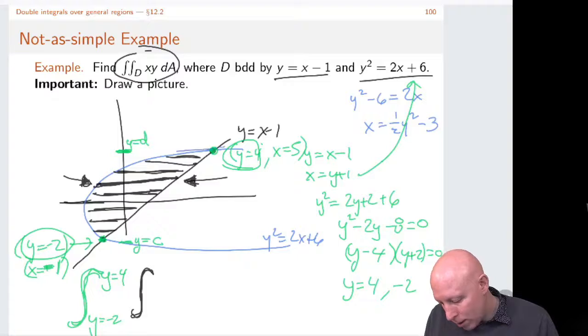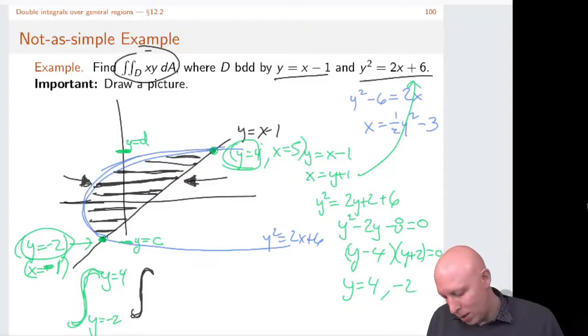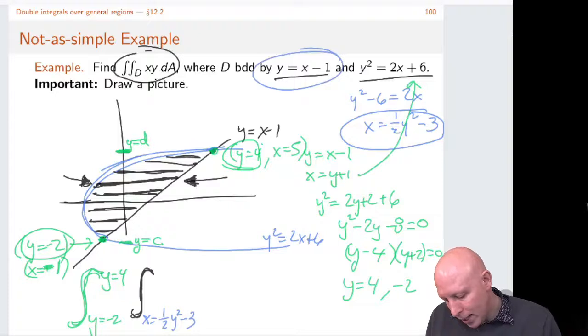The lower function is on the left side, the lower x values, and that is x is equal to 1/2 y squared minus 3. And the other function we also have to write in terms of x: x is equal to y plus 1. I wanted to put that in red, because that's what we've been saying for our upper functions.